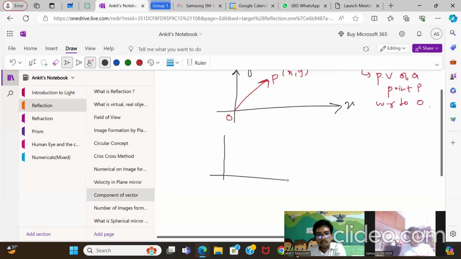This is x comma y, the x, y axis. And this is the OP vector. X comma y. Then x means what?